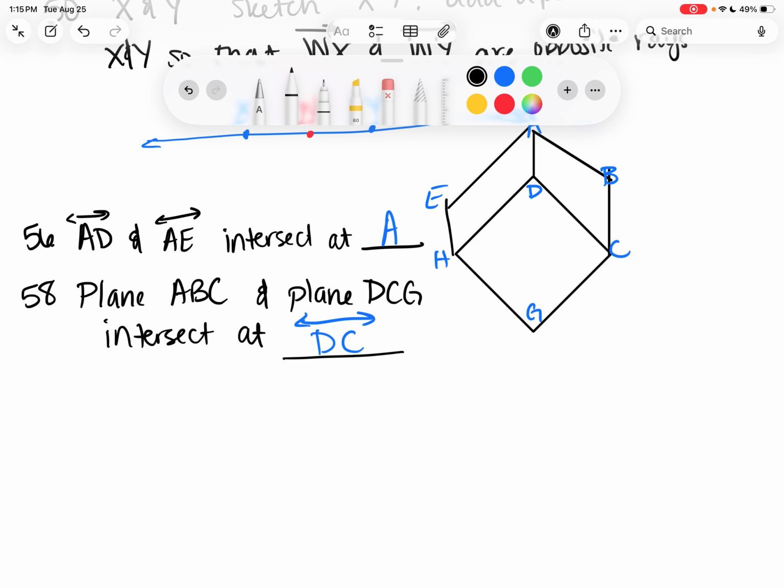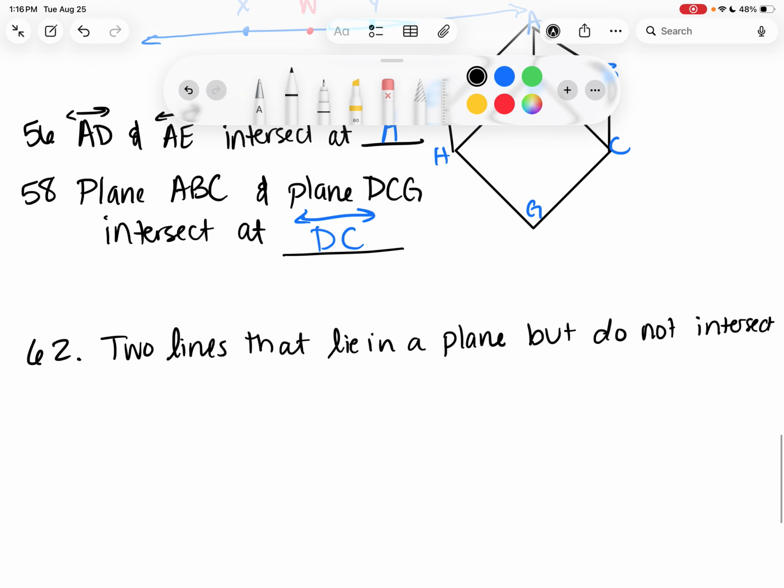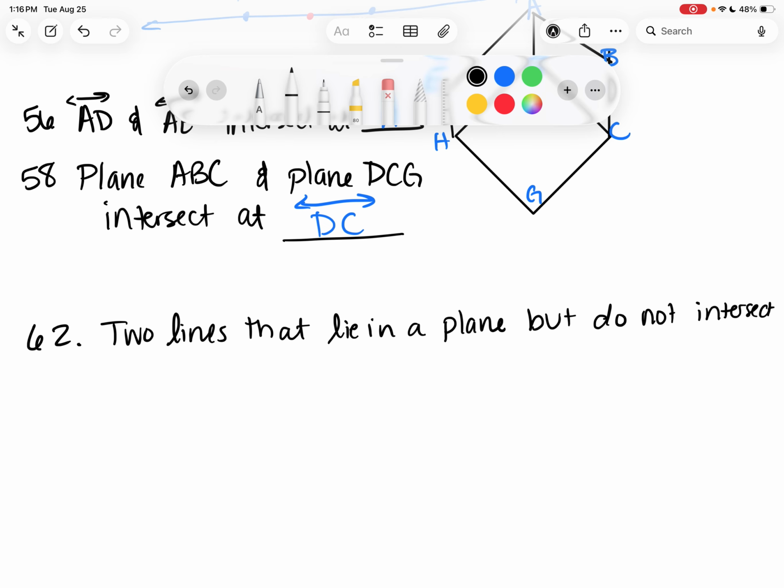So 62 says two lines that lie in a plane but do not intersect. So I need to draw a plane.